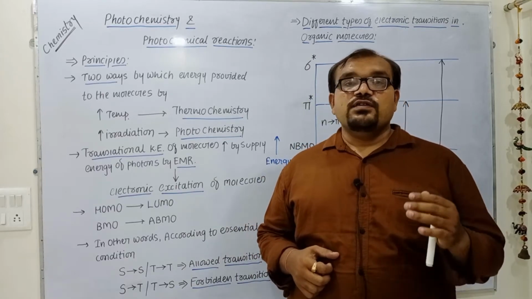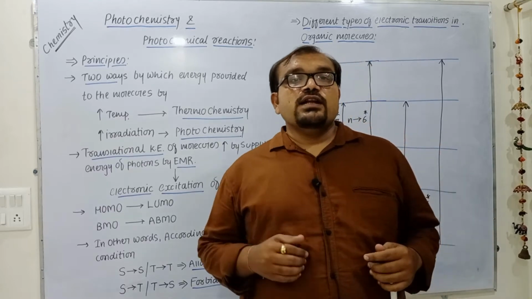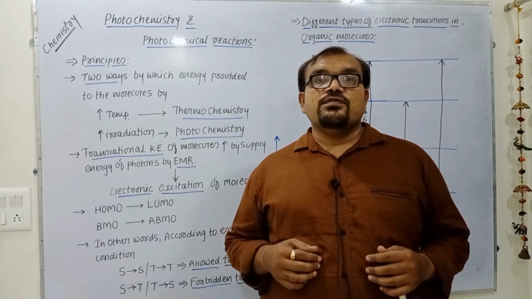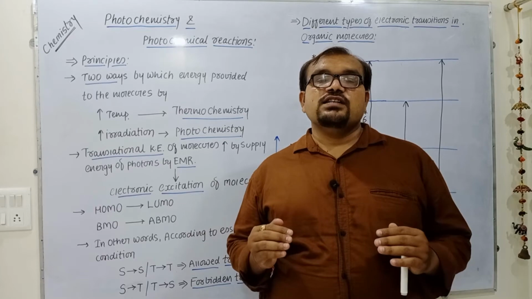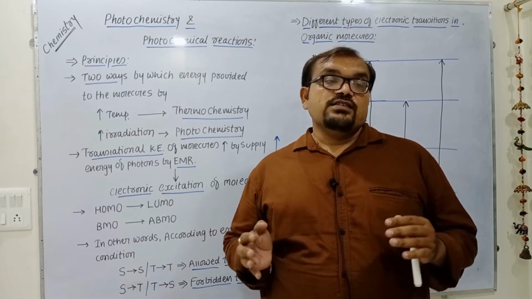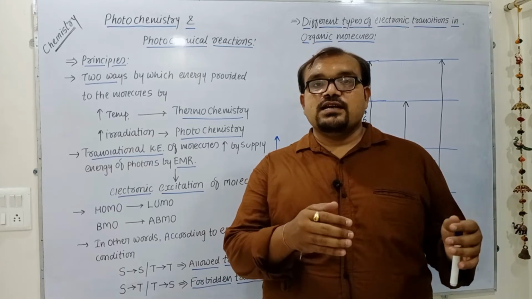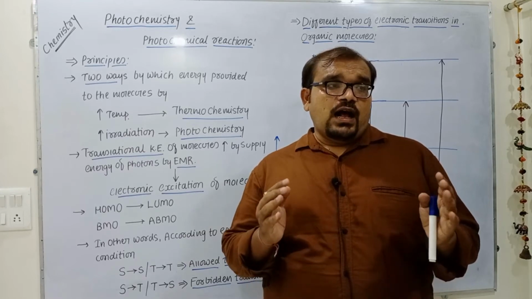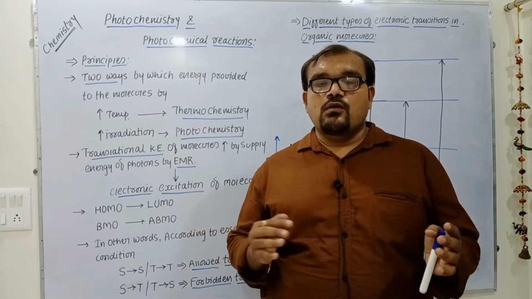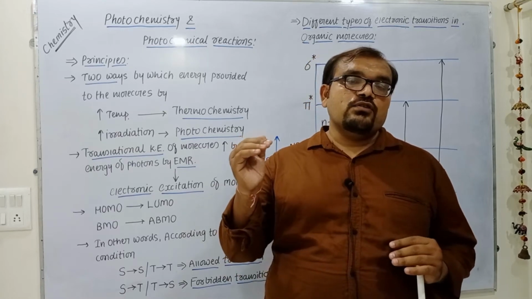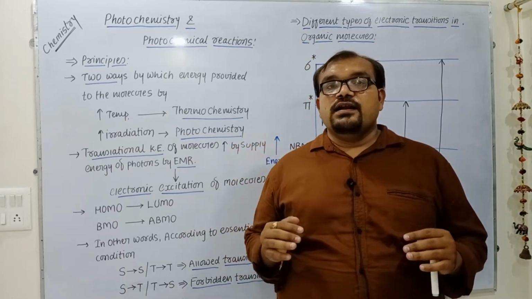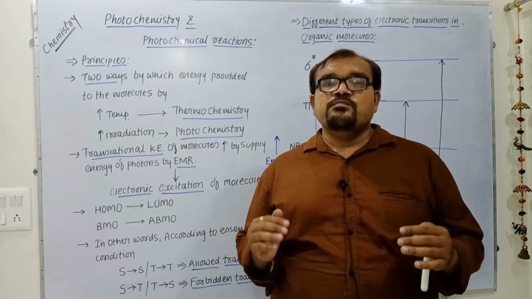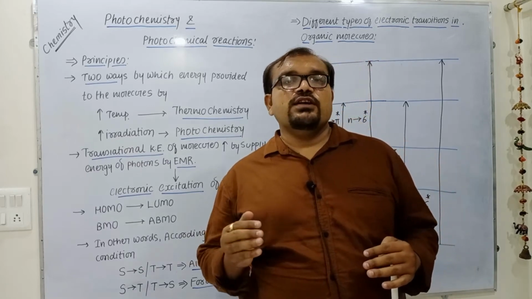It will cause electronic excitation of the molecule, and due to this electronic excitation, the electron will transit, as we earlier learned in 12th science or first year BSc chemistry, from the highest occupied molecular orbital, HOMO, to the lowest unoccupied molecular orbital, LUMO, right? Or the electron transits from bonding molecular orbital, that is BMO, to ABMO, that is anti-bonding molecular orbital.